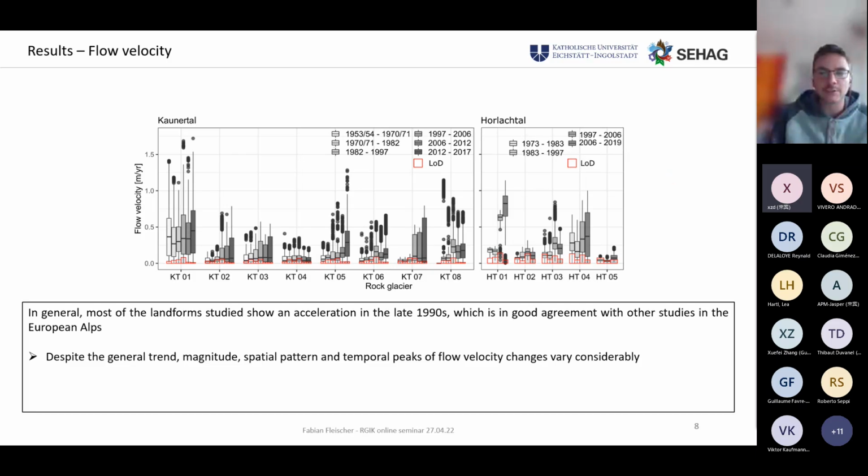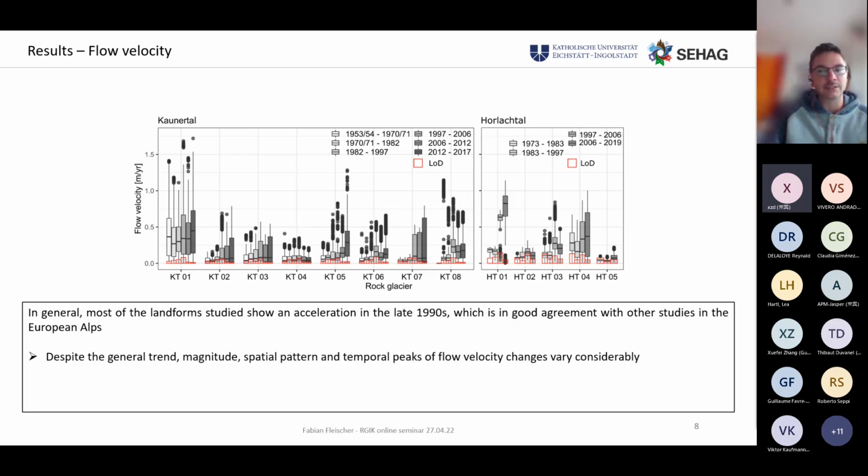The fastest flow velocity was measured on Hollertal 1. That was the one that was shown in the first slide on the picture. And here the maximum flow velocities are well above 1 meter and in parts even above half meters. What can also be seen, as in many other studies in the European Alps, is an acceleration in the time step 1997 to 2006.